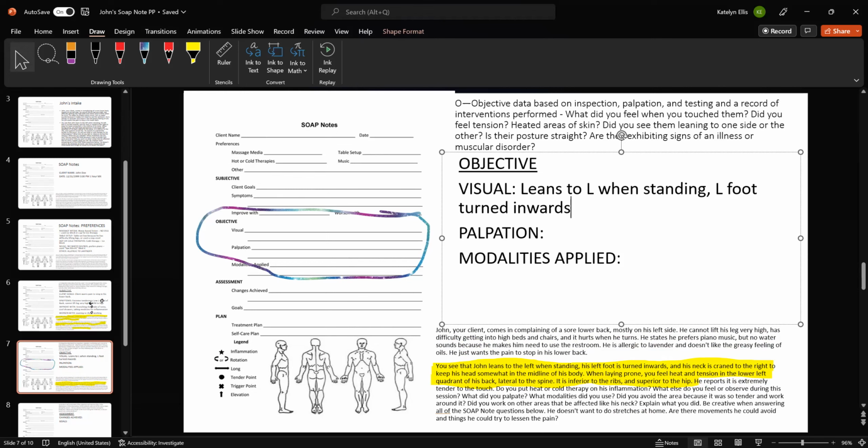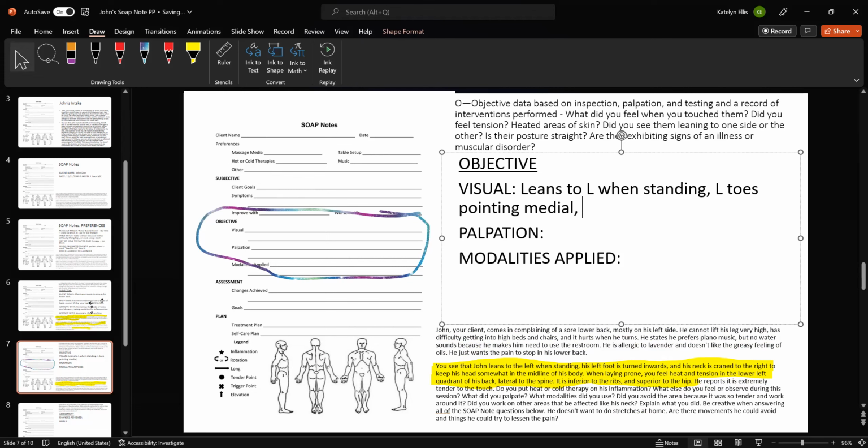No, his sole isn't facing inwards. His foot isn't turned up and out. It's the toes turned inwards. So instead of saying foot here, we should say left toes pointing. And what's the word that we use for inwards? We're going to say left toes pointing medial.